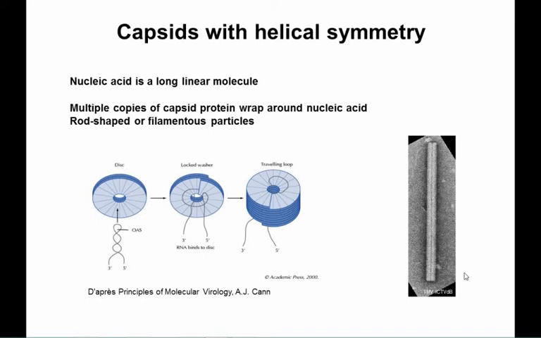So that works, very simple. The drawback is that if you want a virus that has a more and more complex genome, the particle is going to become longer and longer. In the end, it becomes unstable. So this kind of capsid structure places a limit on the genome size that can be encapsulated.